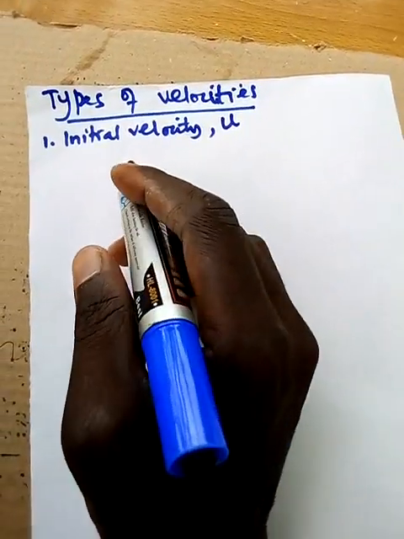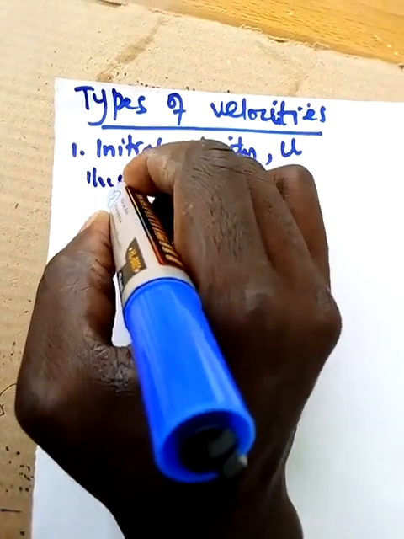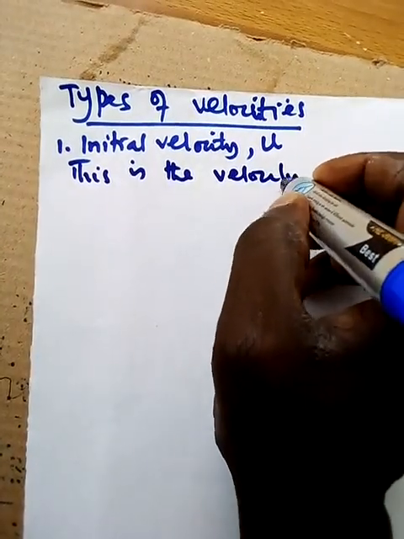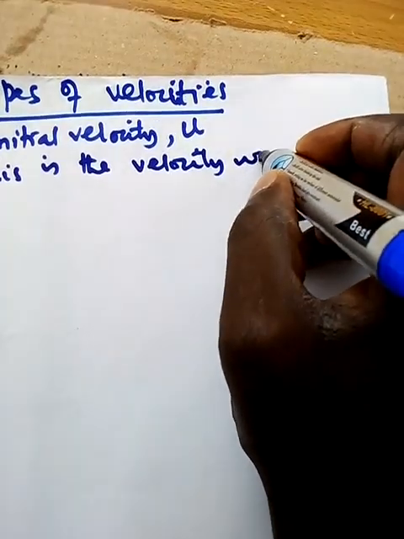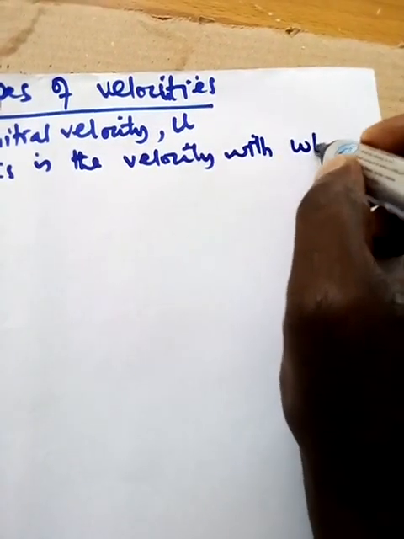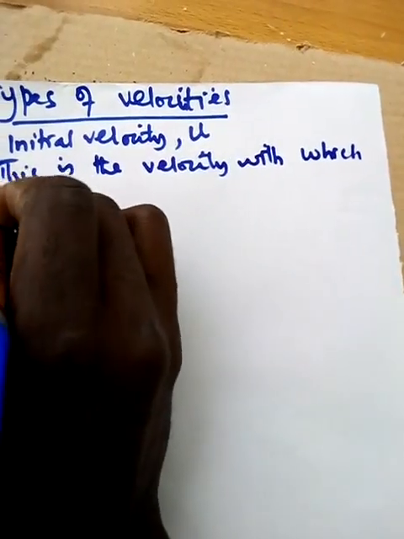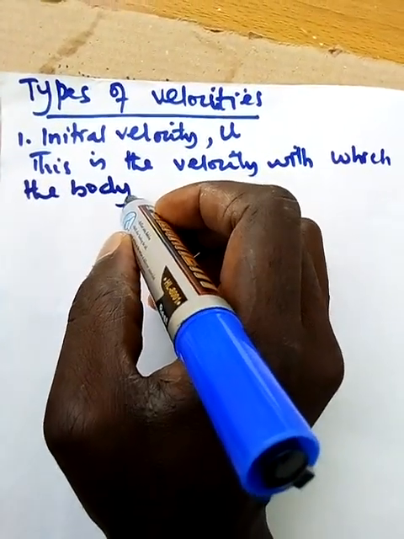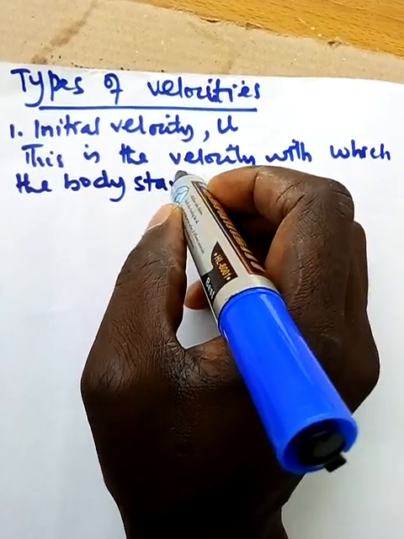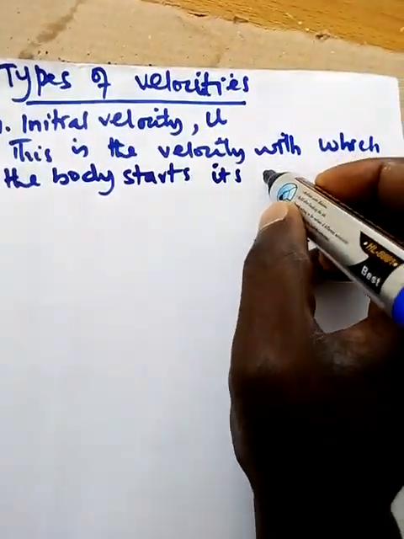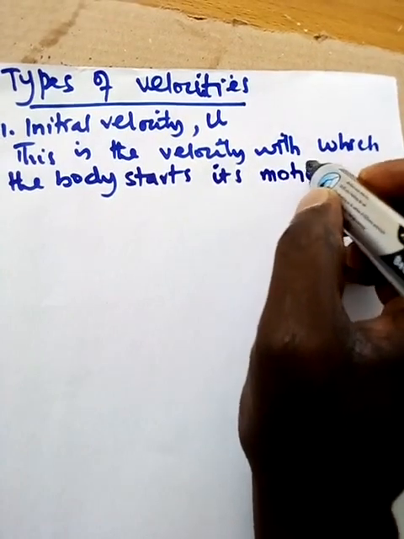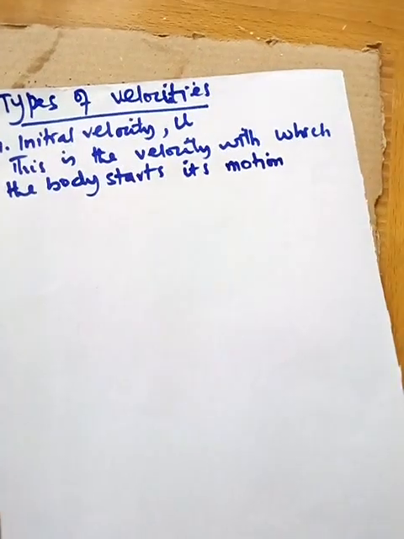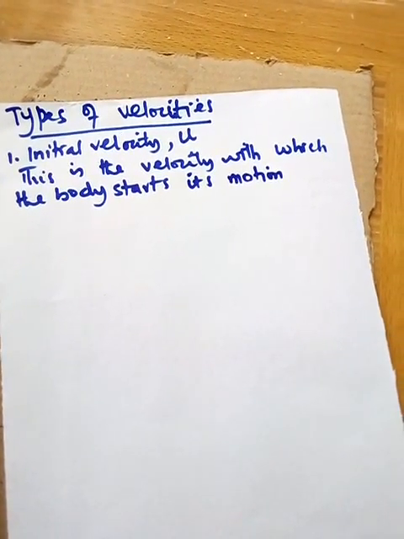How do we define it? This is the velocity with which the body starts its motion.